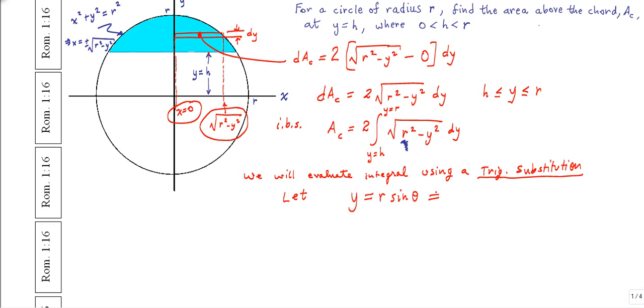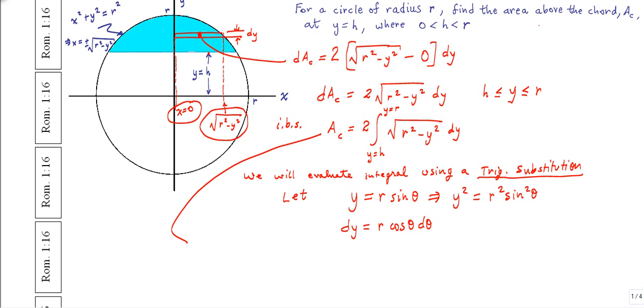So when I square both sides, y squared is going to be r squared times sine squared theta, and when I differentiate this, I'm going to get dy is equal to r cos of theta d theta. And now let's go ahead and plug these values back in.